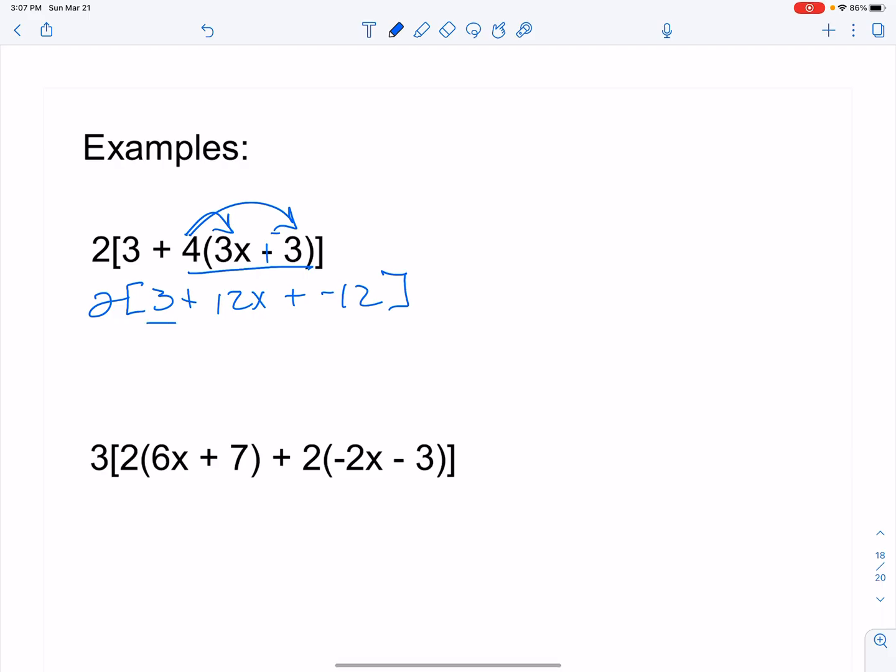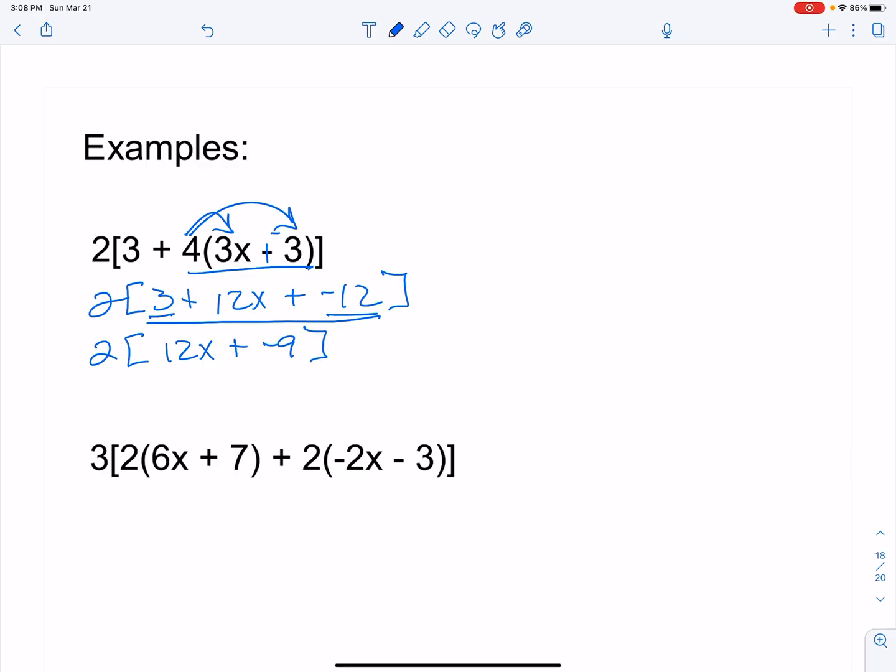Now, I take all this stuff on the inside and I put together anything that I can put together. So again, I just write the 2, bracket, and now I see I've got a 12x, because I always like putting my letters first, and it doesn't have anything to combine with, so I'm going to just write 12x plus, and now I've got this 3 and this negative 12 that could go together to actually make a negative 9.